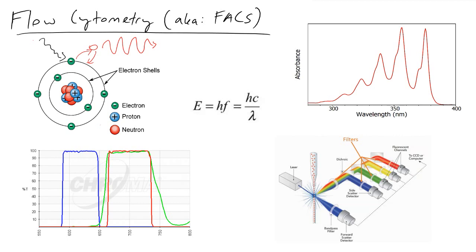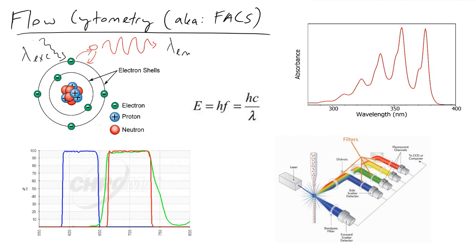And so to spell this out a little bit more clearly, what we're going to see is that we have a lambda excitation as well as a lambda emission. And when we look at the photons that have excited a particular fluorophore, what we're going to see is that these photons are going to have a higher energy level than do the photons that come out of the sample when that electron is relaxing.